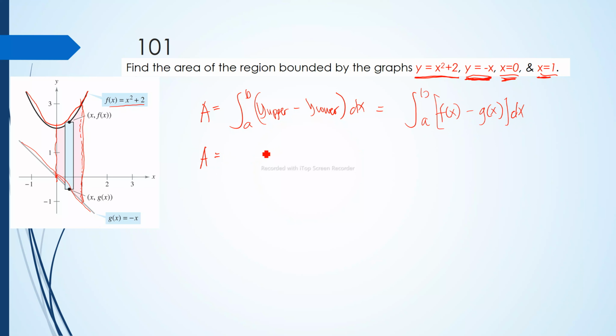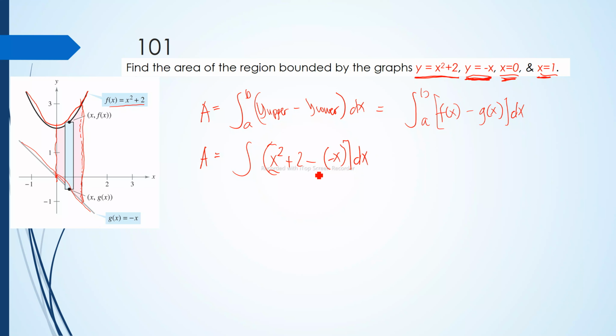So what is the f of x? That is just x squared plus 2. And then minus g of x, or the y lower, represented by the line. So that is negative x dx.